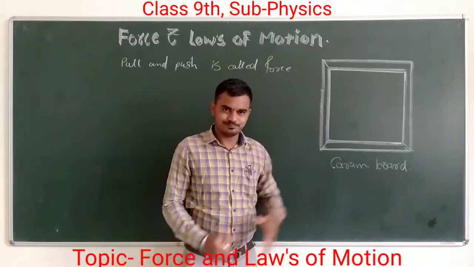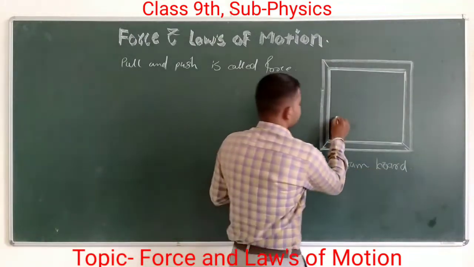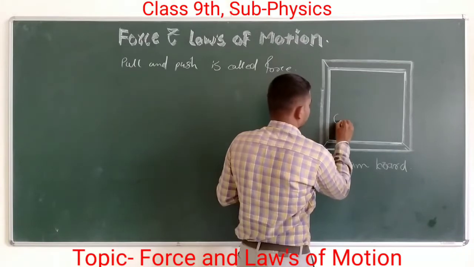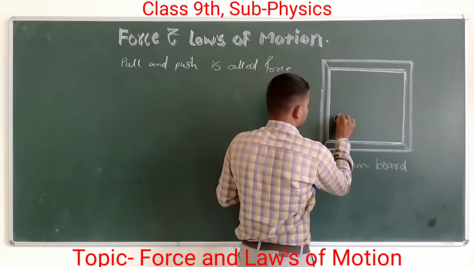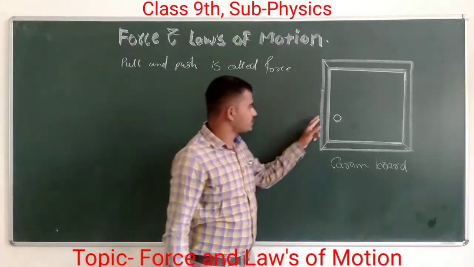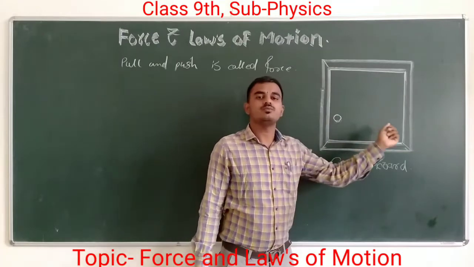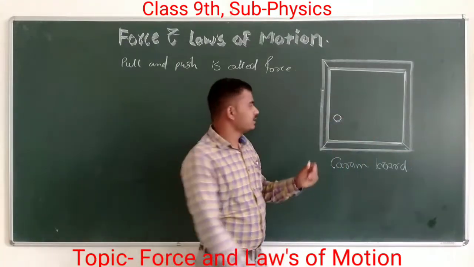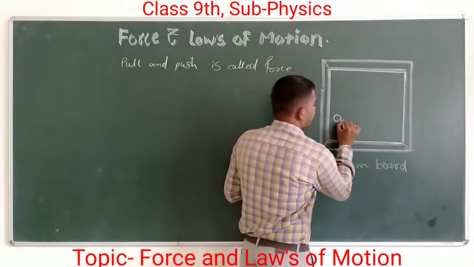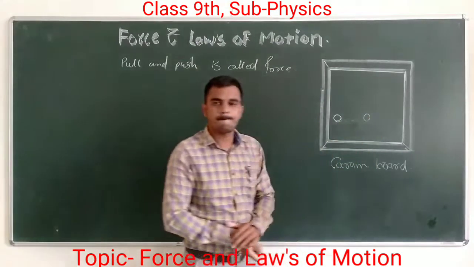We take one more example. Suppose that is a carrom board, and here is the striker. If we strike that striker, the striker gets moving. It moves and stops here.